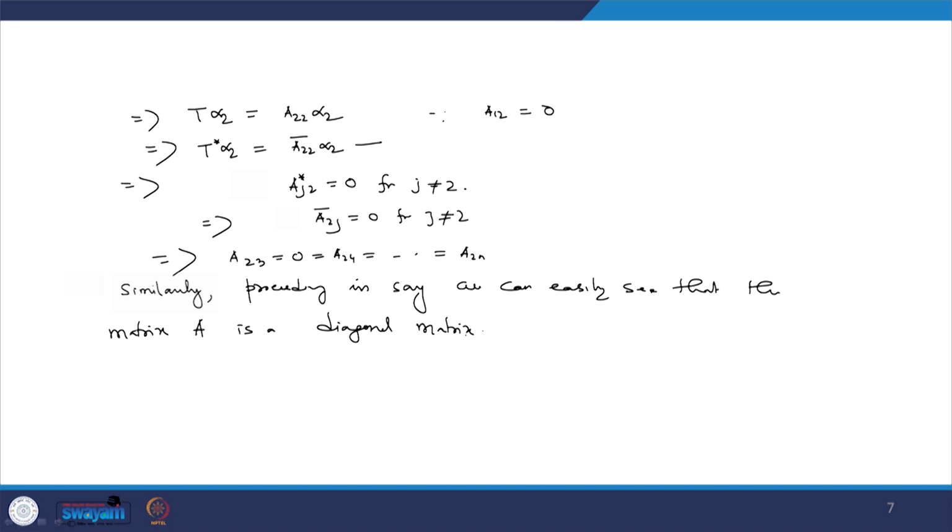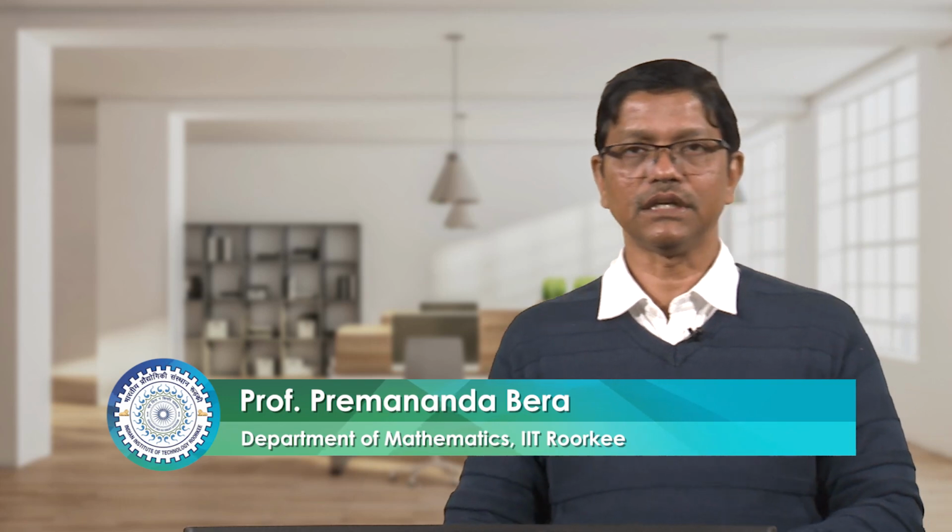So, what we see here is that if I can have the matrix representation of an operator with respect to some orthonormal basis as an upper triangular matrix, then the operator T will be normal if and only if that upper triangular matrix is diagonal. Now, this gives a hint to show the existence of an orthonormal basis for the space consisting of eigenvectors of the normal operators. We are going to prove these results in our next class.